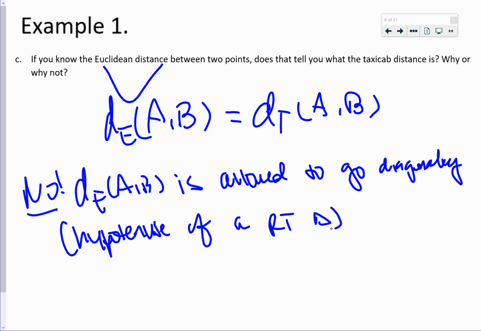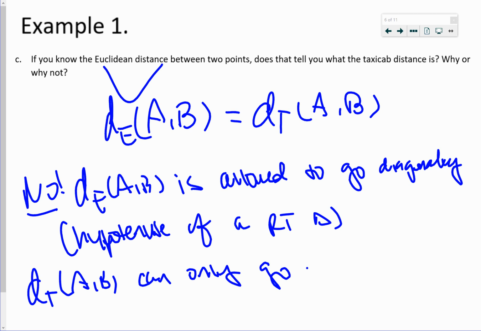Taxicab can only go up and down. So no, it's not always going to work.